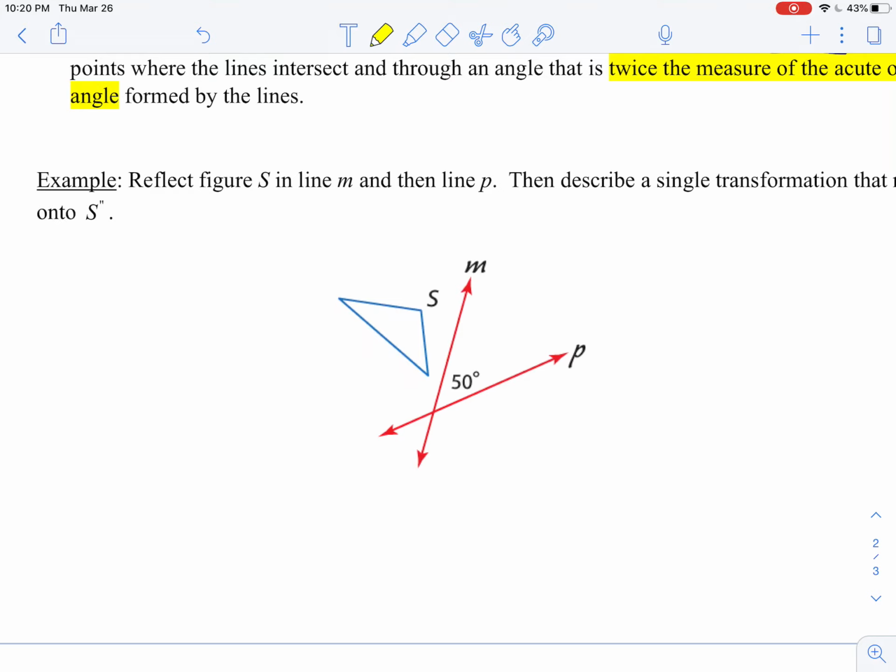So if I start with triangle S, I want to create my lines perpendicular to line M that pass through triangle S. As you can see, the ones I'm doing by hand aren't so perfect.